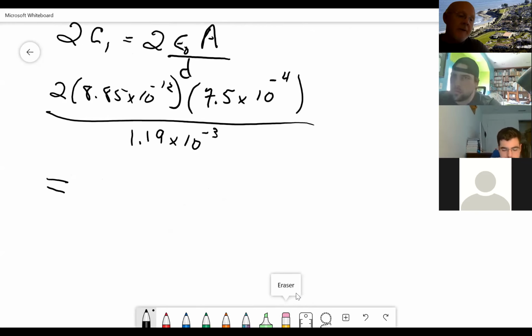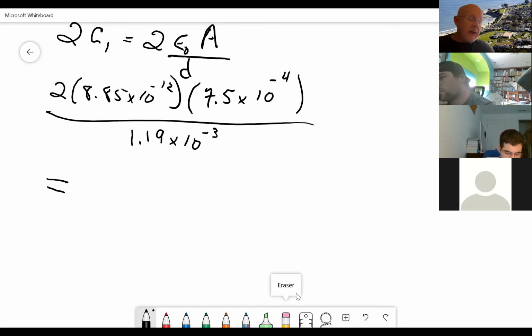So then, grabbing a calculator, 2 times 8.85 times 10 to the negative 12, 7.5 times 10 to the negative 4, 1.19 times 10 to the negative 3.